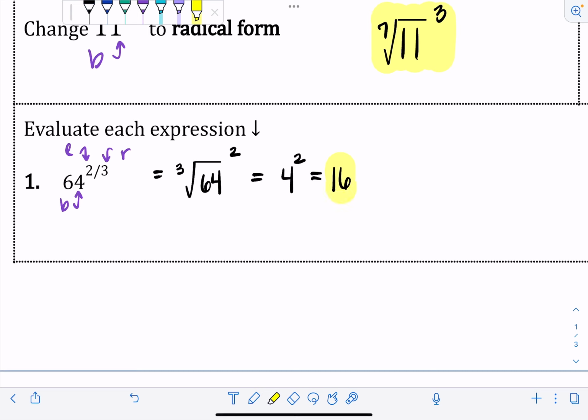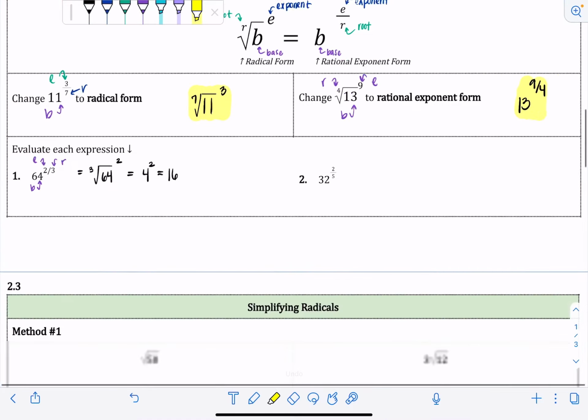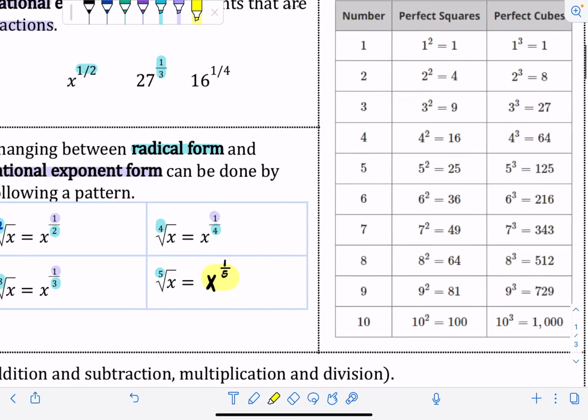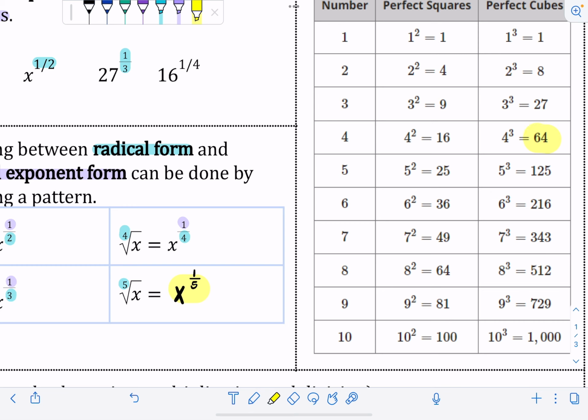This is where, if you don't have all your squares and cubes memorized, having that table from the top of the notes available is very helpful. So if I was wondering, what is the 3rd root of 64? Since it's a 3rd root, I would look over at my perfect cubes until I got to 64.